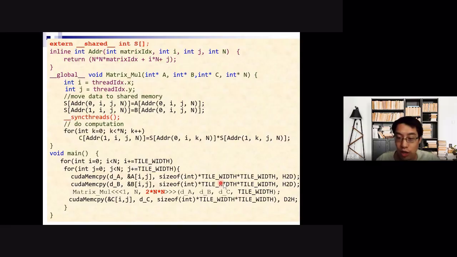And try to compute those small matrices one by one on GPU, so that we can fit the problem into the limited memory size on shared memory. All right, so you're going to need this for your homework 3 as well.